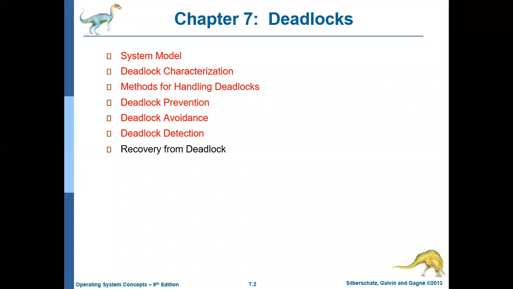What are the conditions that have to be satisfied if you want to call a system deadlocked? We'll discuss that under deadlock characterization. Then we'll discuss several methods of handling deadlocks, like deadlock prevention, deadlock avoidance, and deadlock detection. And also recovery from deadlock, that is, how the system can recover from a deadlock.